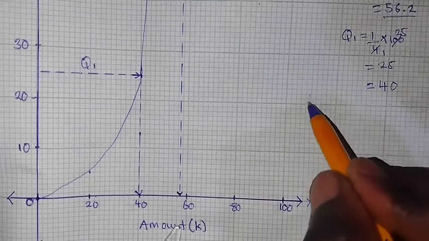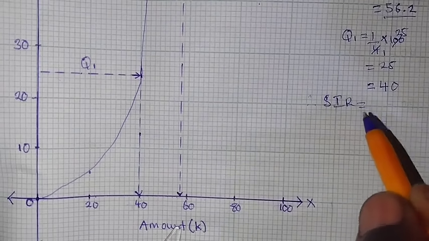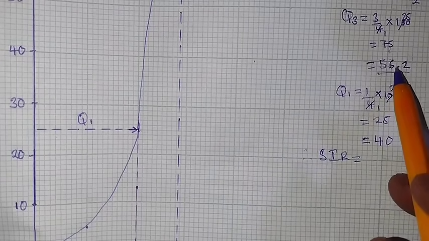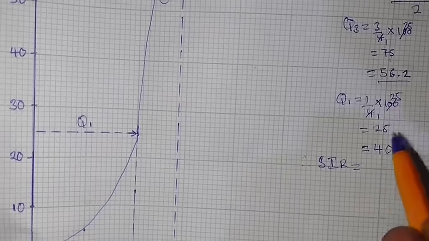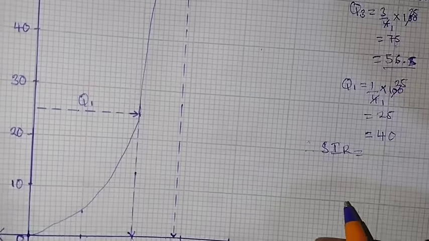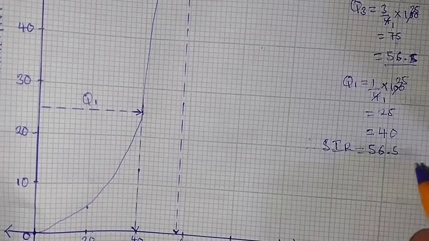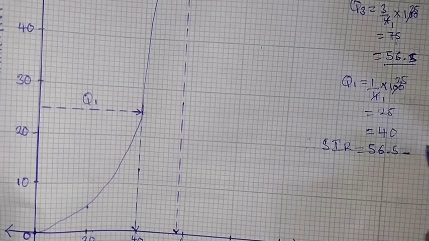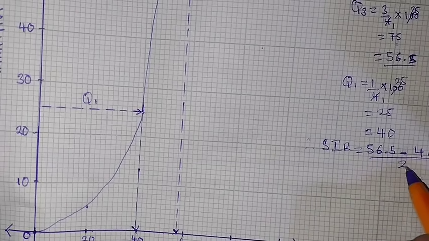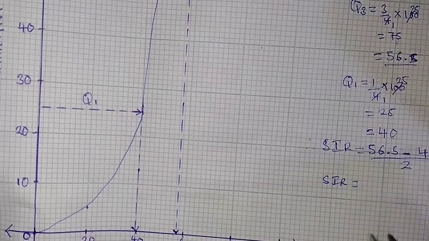Then you can say, therefore, the semi-interquartile range is equal to, remember, the upper quartile minus the lower quartile. The upper quartile is 56.5, so you can write 56.5 minus 40, and we divide by 2.